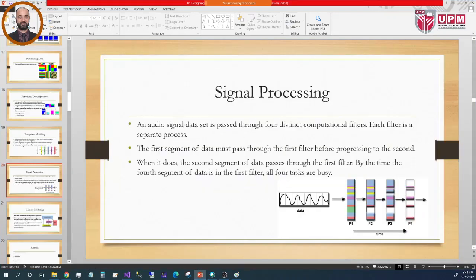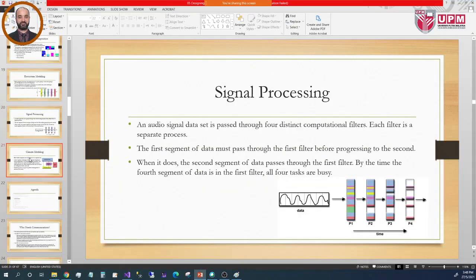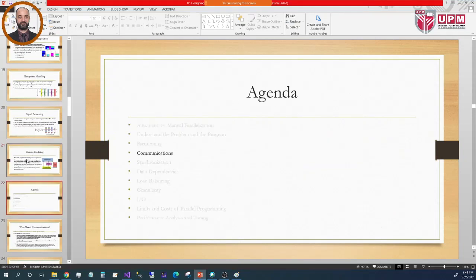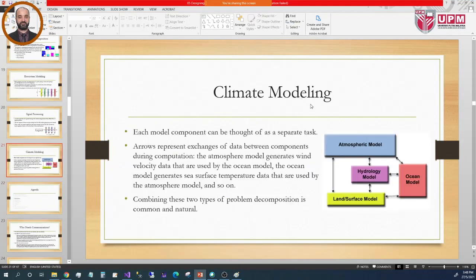Okay. Let us complete the climate modeling here. In the climate modeling, each model component can be thought of as a separate task. So here they have an atmospheric model, then a hydrology model, an ocean model, and a land surface model.